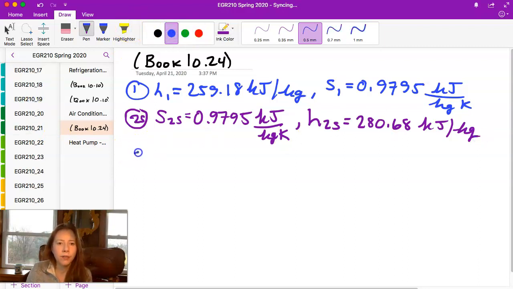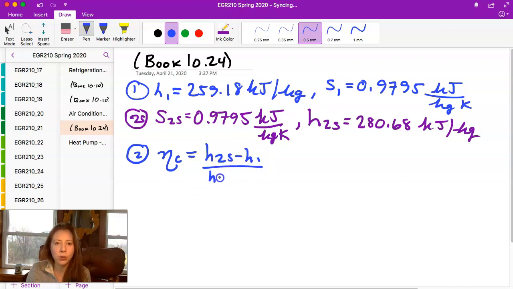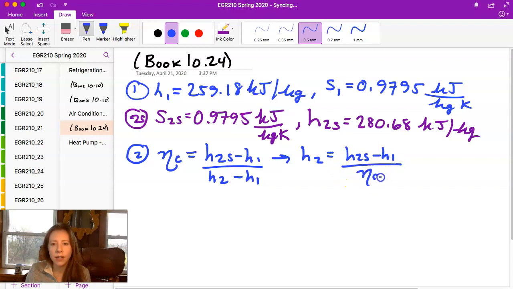So now we can figure out h2. The isentropic efficiency of the compressor is equal to h2s minus h1 divided by h2 minus h1. So that is going to give us that h2 is equal to h2s minus h1 divided by eta C, plus h1.